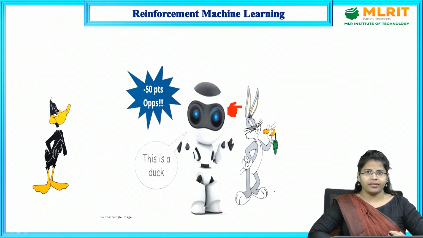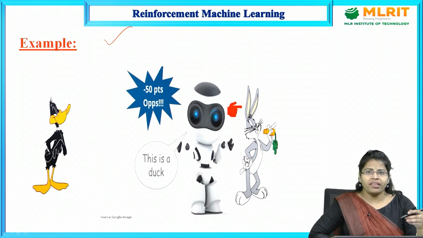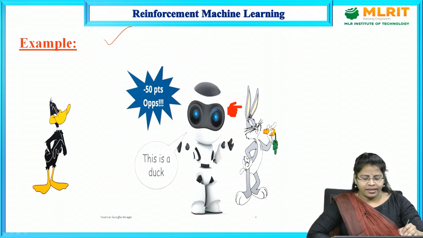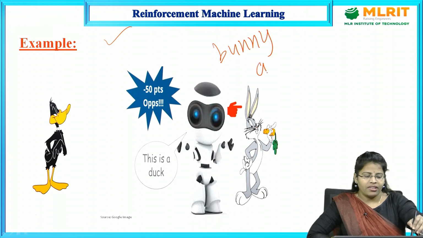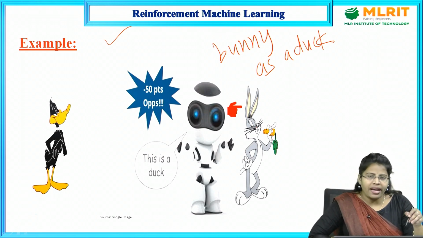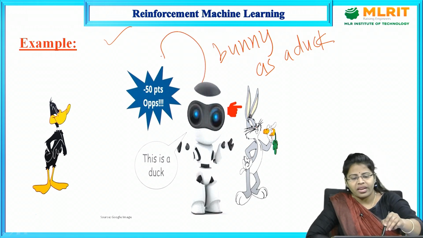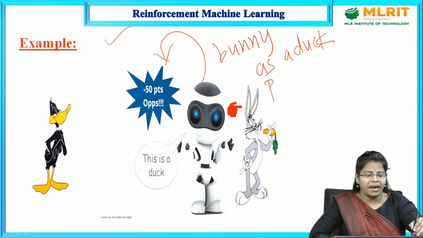After that, with the help of some action, by using some policy, it is going to predict the bunny as a duck. But you know what? It is a wrong answer. So based on that, the agent is going to get minus 50 points for the wrong answer, that is a penalty.